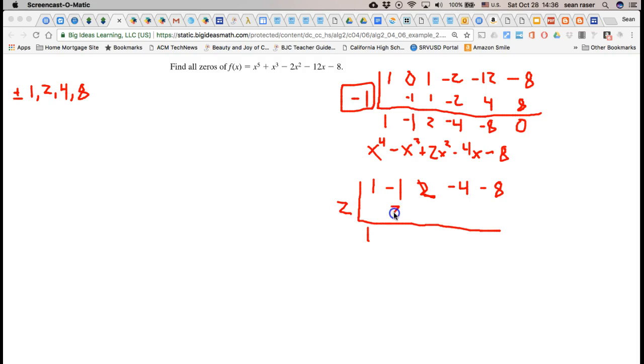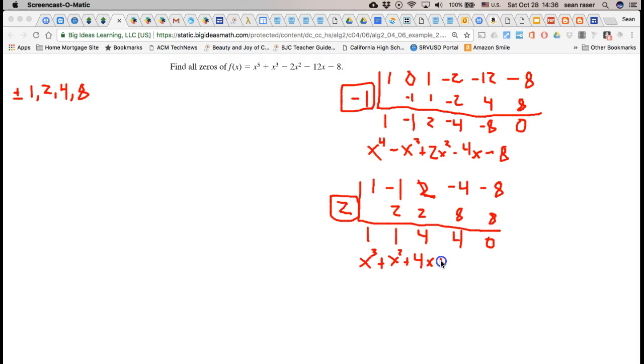So 2 times 1 is 2. That's 1, 2, 4. We get 8, 4, and 8, and 0. Oh, so we got another one right here. Since this was a 4th degree, our new polynomial is x cubed plus x squared plus 4x plus 4.